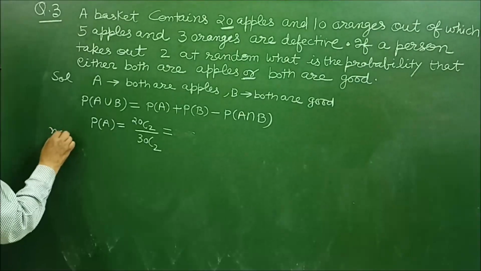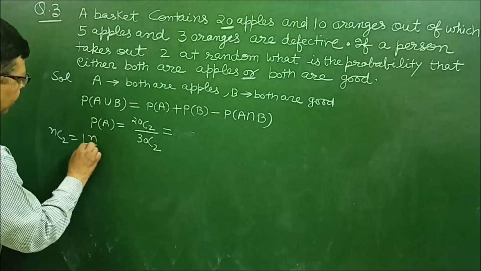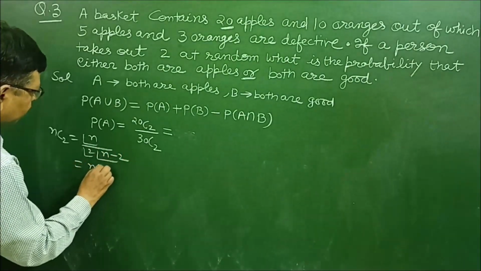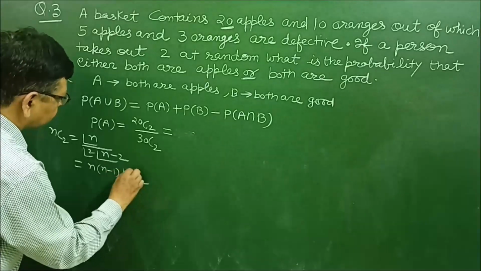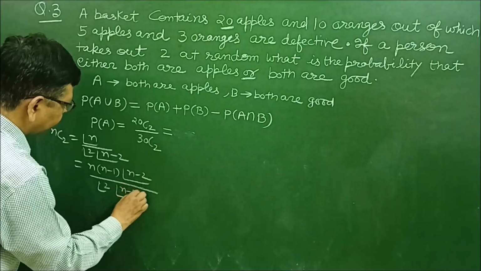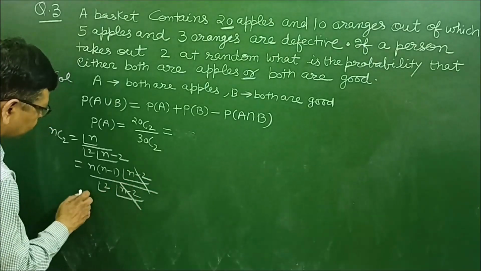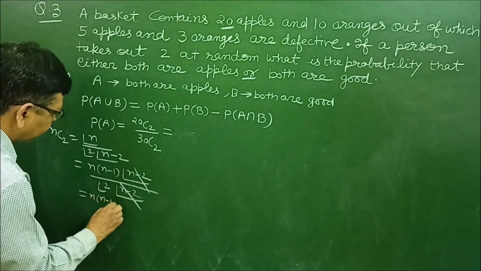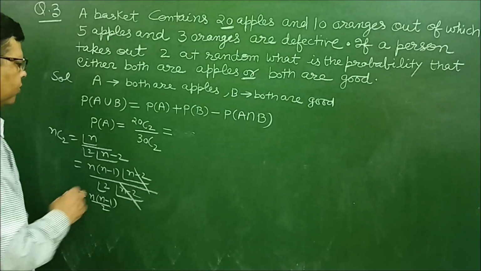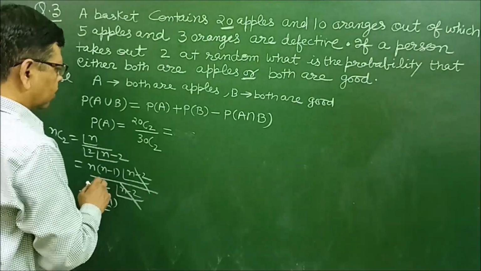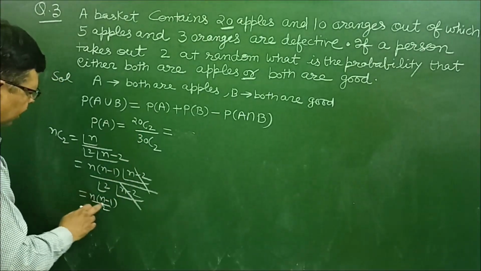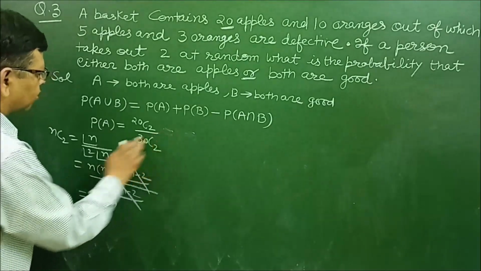We know nC2 is equal to factorial n upon factorial 2 factorial n minus 2. This is equal to n into n minus 1 factorial n minus 2 upon factorial 2 factorial n minus 2. These are cancelled, so this is equal to n into n minus 1 upon 2. So 20C2 can be calculated with the help of this formula. In the last step we will calculate it.